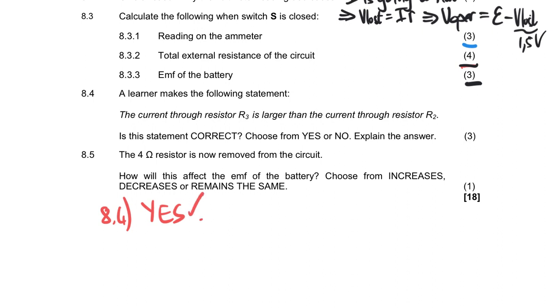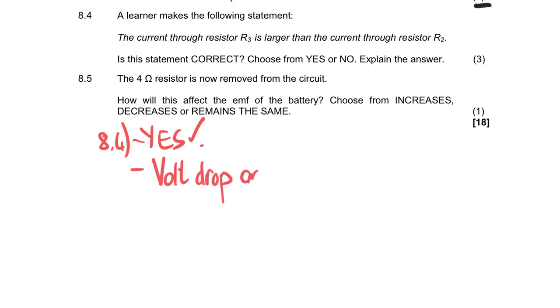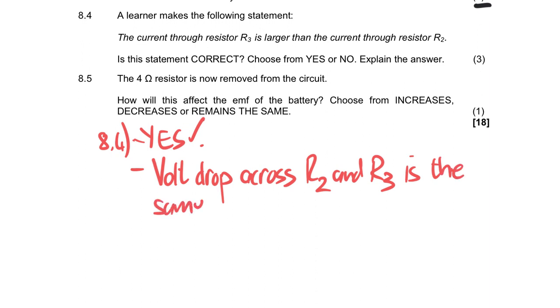Now the question is, how do we answer this? Well, there's different ways of answering it. But one of the things we could say is that the volt drop across R2 and R3 is the same because they are in parallel.